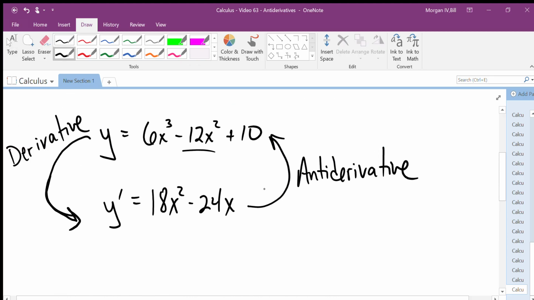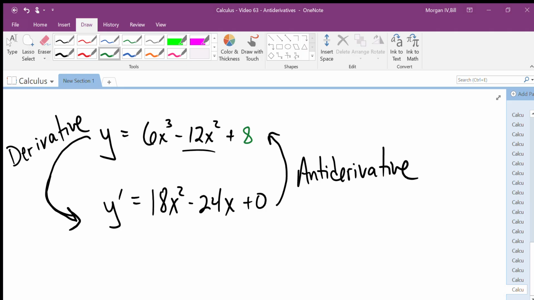There's a zero, if you will, at the end of this, because the derivative of 10 was 0. But how do I know, when I'm doing the antiderivative, that the constant is 10? If the constant was something else, let's say it was 8, the derivative of 8 is also 0. So if we get the 0 here and we do the antiderivative, we don't really know what constant it came from.